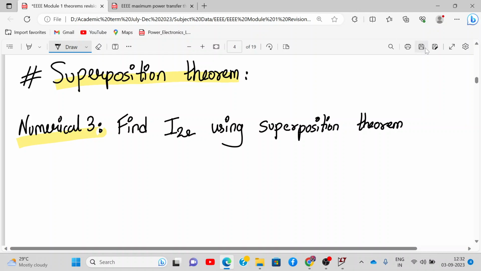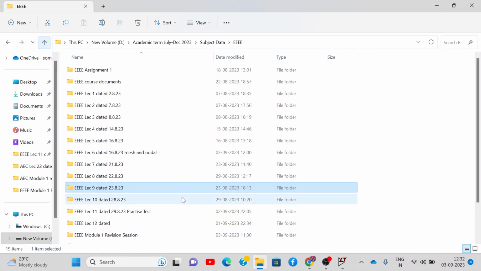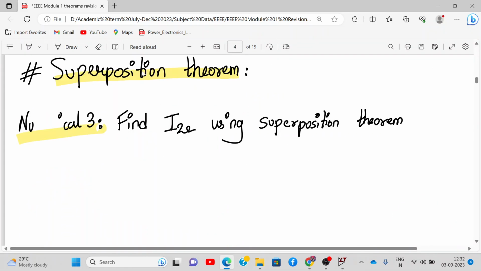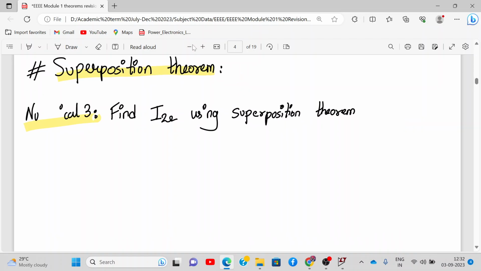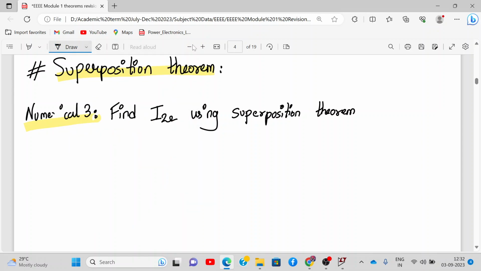Let me close this document and open again. Yeah, so write down find I of 2 ohm using superposition theorem and draw the circuit please.